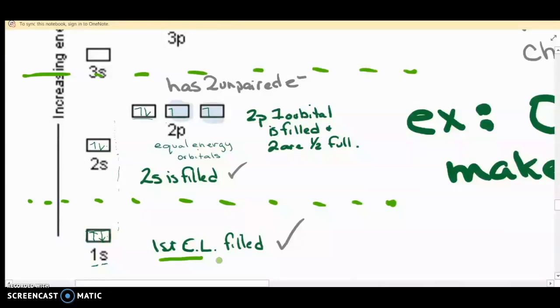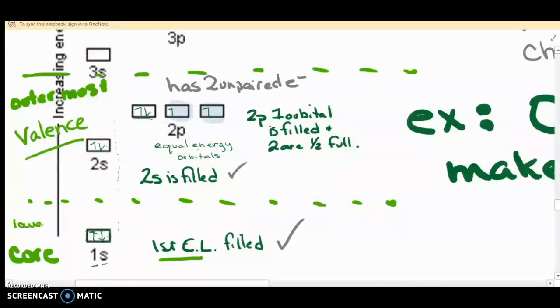We refer to all the filled energy levels as the core electrons, and we refer to the outermost energy level as the valence electrons. The lower filled energy levels are known as the core electrons. The electrons found in the outermost unfilled energy level are known as the valence electrons.